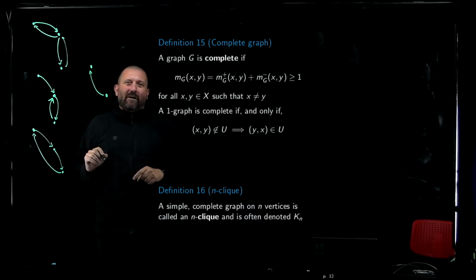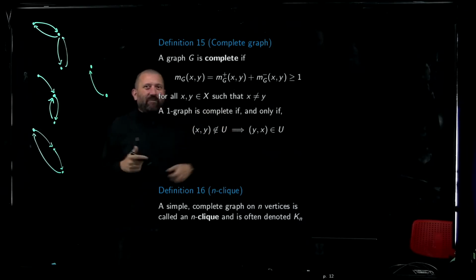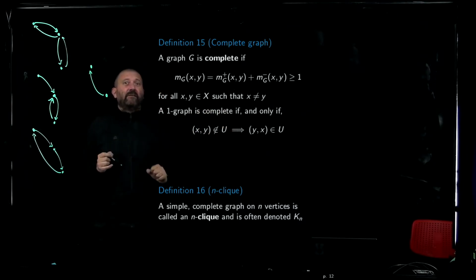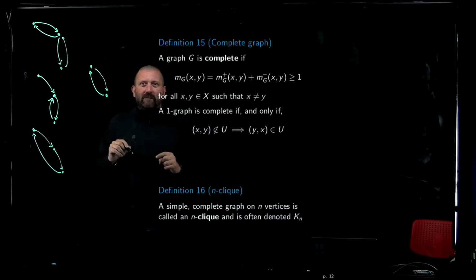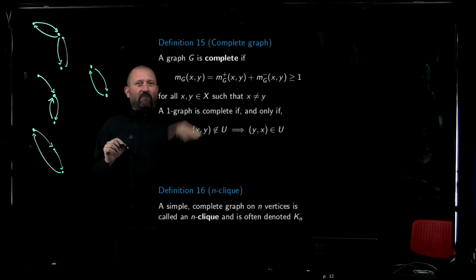Okay? This is what we call a complete graph. We will see more on complete graphs later on. Okay? This doesn't say that I can't have this. Okay? It just says if I don't have one, then I have one in the other direction. Okay?